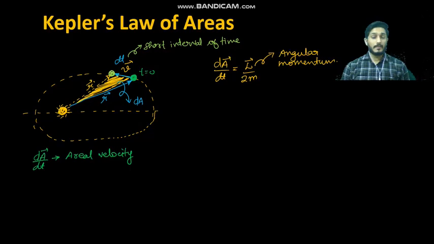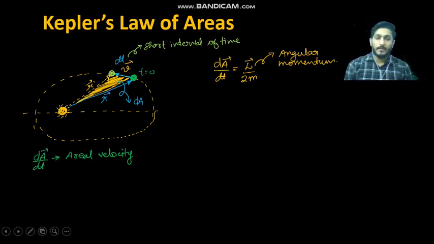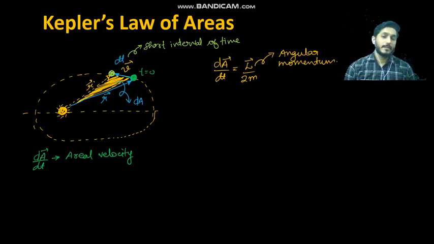And if we really want to know why the aerial velocity of the planet about the sun is constant, then we have to look for the angular momentum. If we could prove anyhow that angular momentum of the planet about the sun is constant, then we can confidently say that the aerial velocity of the planet about the sun must remain constant.